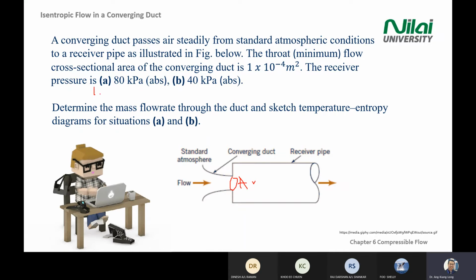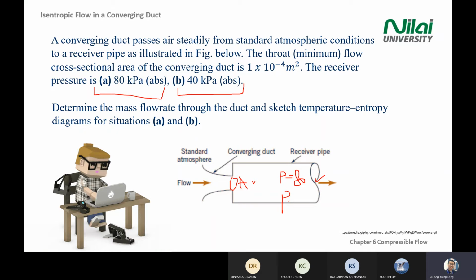So you have two scenarios. First scenario, your pressure inside here is 80. Then after you solve for 80, you go solve for the second scenario. What happens if you have a 40 kilopascal scenario?